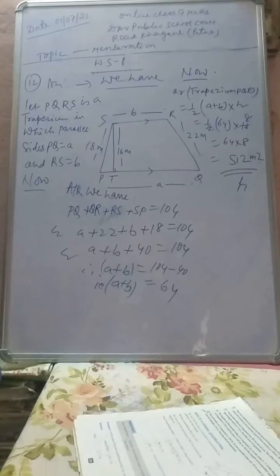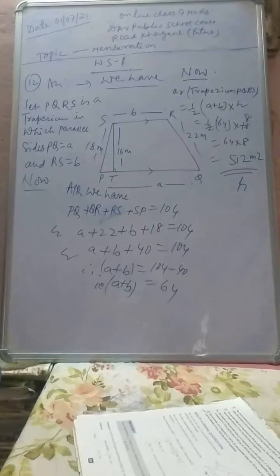That's why we have assumed that SP is equal to 18 meter and QR is equal to 22 meters. Hence A plus B plus 40 is equal to 104. Therefore, A plus B is equal to 104 minus 40, that is A plus B is equal to 64.